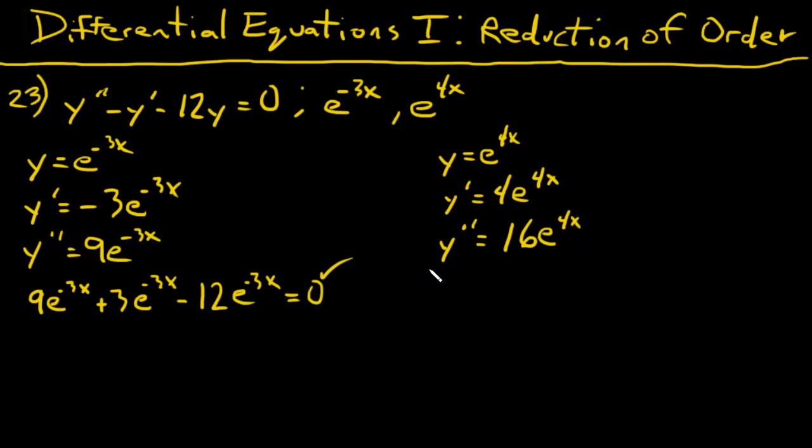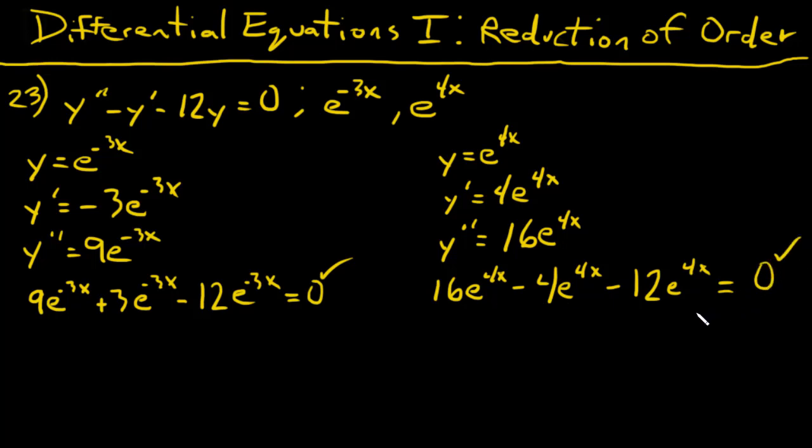Now when I plug them in, I'm going to get y double prime, so 16e to the 4x, minus y prime, which is 4e to the 4x, minus 12 times y, so minus 12e to the 4x. And so I get 16 minus 4 minus 12, that is 0. So it checks out.